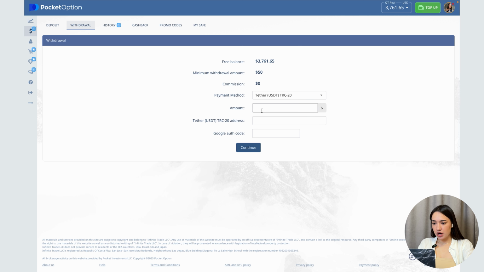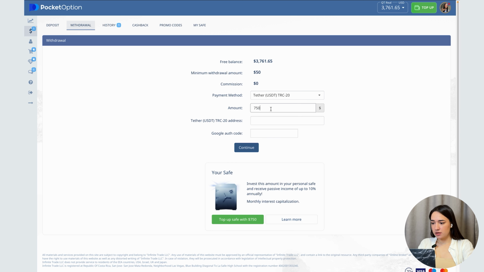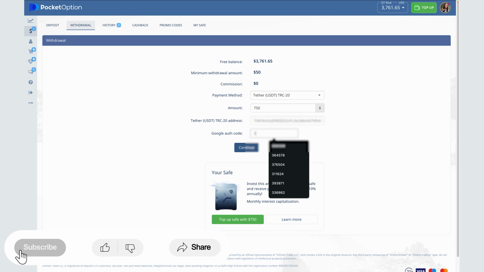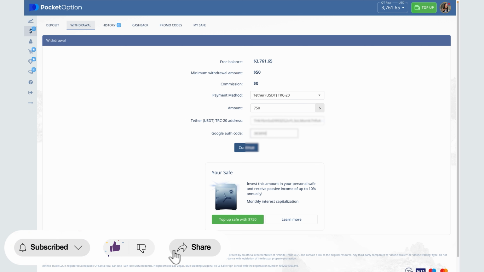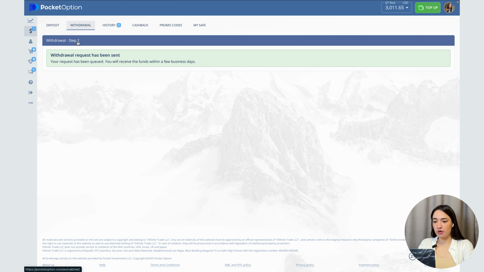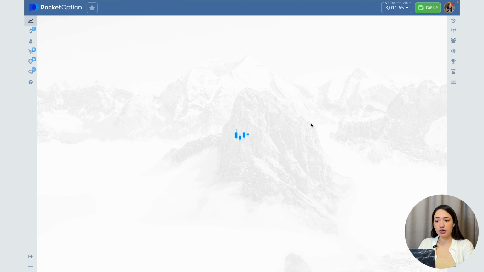Let's withdraw about $750. Well, just press this. Okay, the withdrawal operation is successfully carried out. So this is the trade for today.